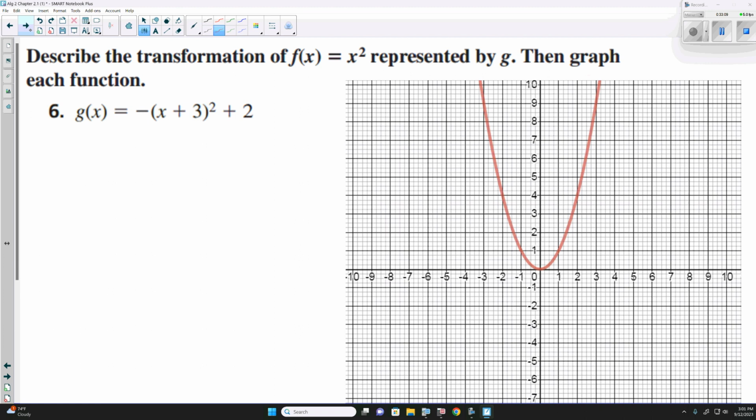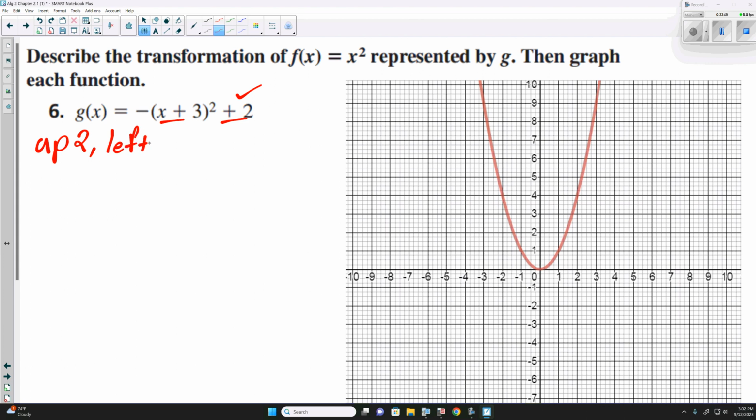How many transformations do we have here? 3, because we have the negative in front of the parentheses. We have the plus 3 and 2, yes? Again, deal with left, right, up, down first. So do we want to deal with the plus 3 inside the parentheses or the plus 2 outside? Let's do the plus 2 first. Plus 2 is vertical, up, down. Exactly what we think it is, so up 2. And then that would be horizontal, so it's going to go left.